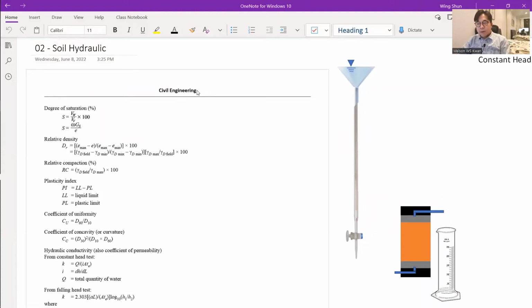Okay, so the second part of the Geotech FE exam in civil engineering is soil hydraulics.